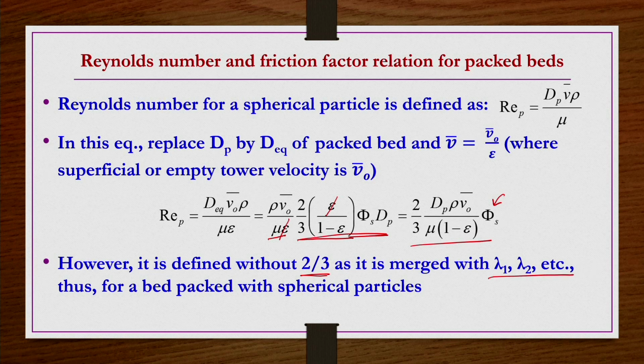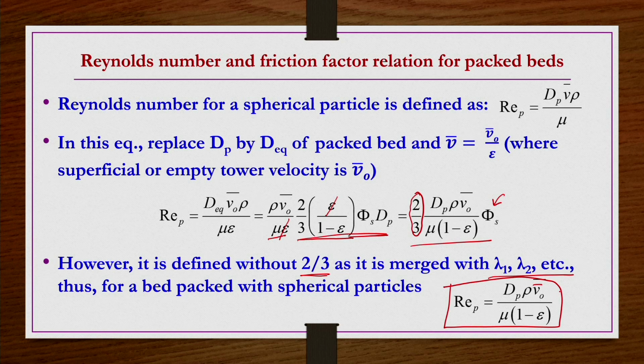So, without taking this 2 by 3 constant, and if you assume that the particles are spherical, then the Reynolds number is this: dp rho v naught bar by mu into 1 minus epsilon is the Reynolds number for a packed bed packed with spherical particles. If it is packed with non-spherical particles, then phi s will also come into the picture.